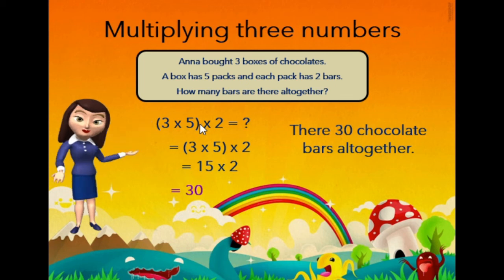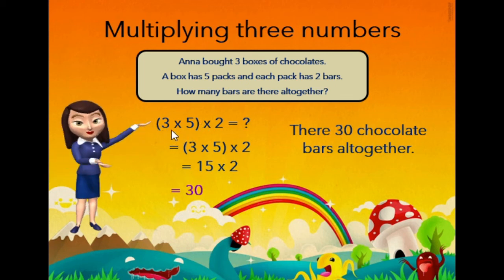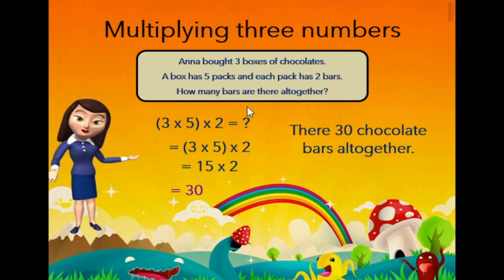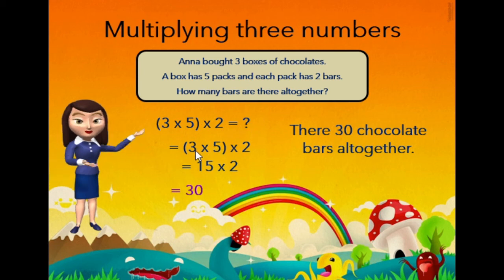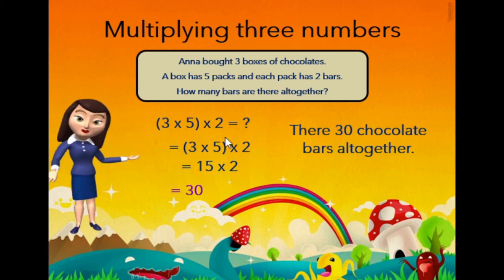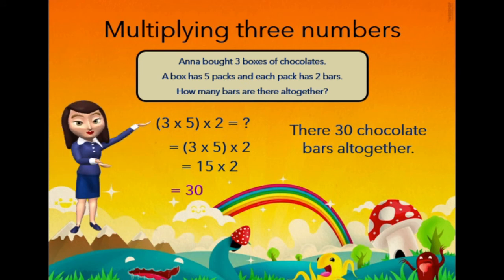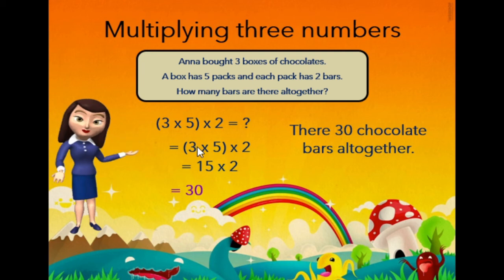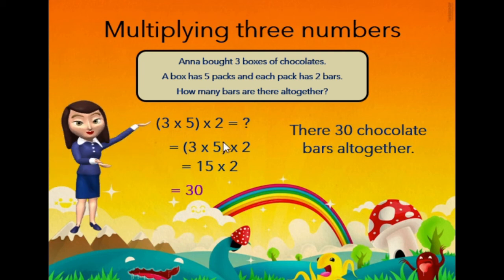So we have here open bracket 3 times 5, close bracket times 2 equals unknown. Because 3 and 5 are inside the brackets, you do it first. So, 3 times 5. You will get 15.